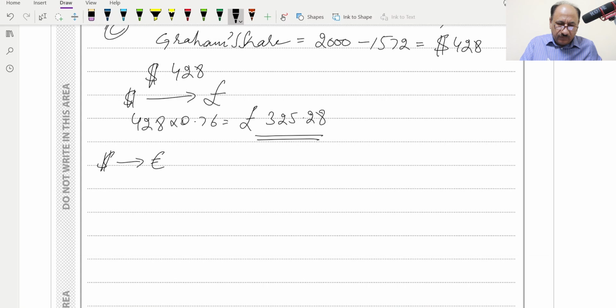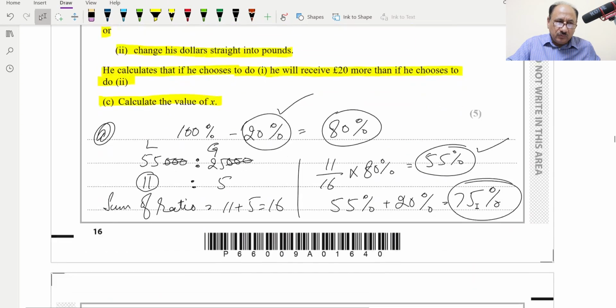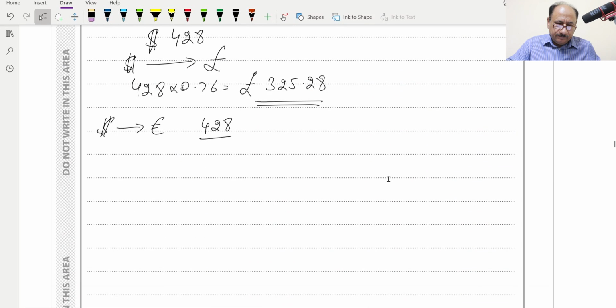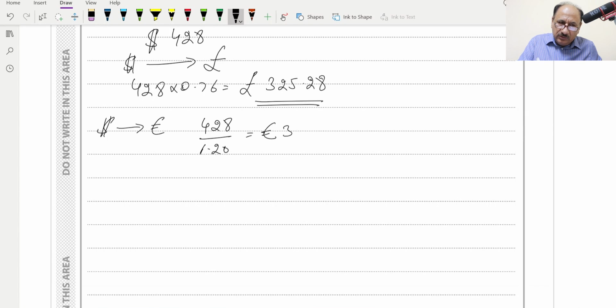First of all, we will be dividing this 428 by the conversion ratio, which is 1.20, this one, euro to dollar. 428 will be divided by 1.20, and this will give us 356.67. So this will be euros, 356.67 euros.